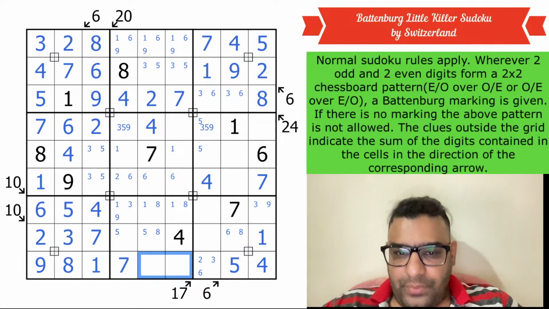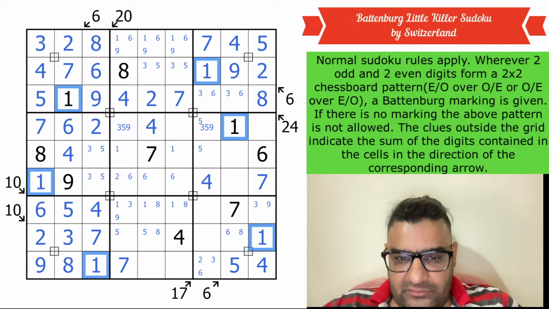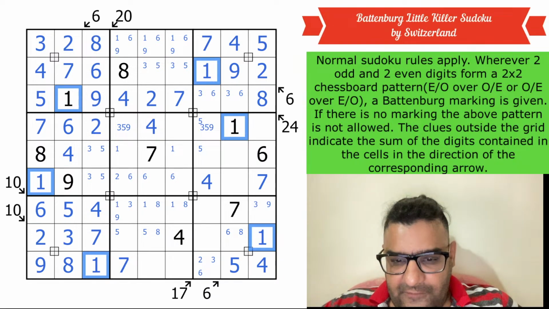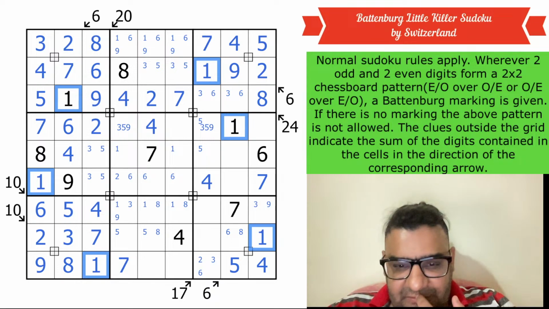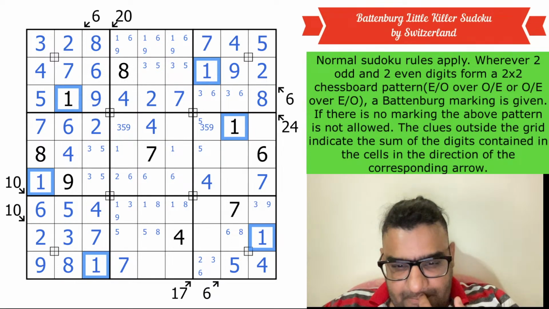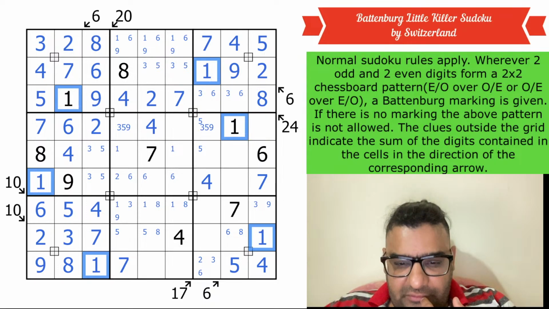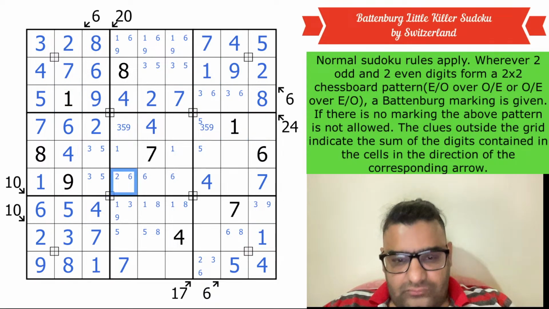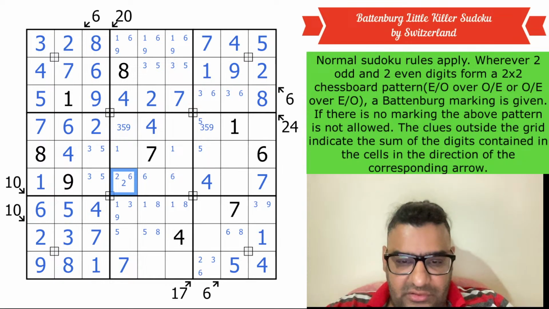What about 1, 1, 1? 1 is going to be here. Still not sure where. Okay, this is 4. This can be 2. 4 cannot be 6.